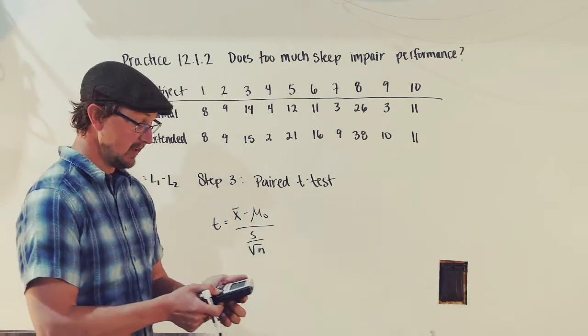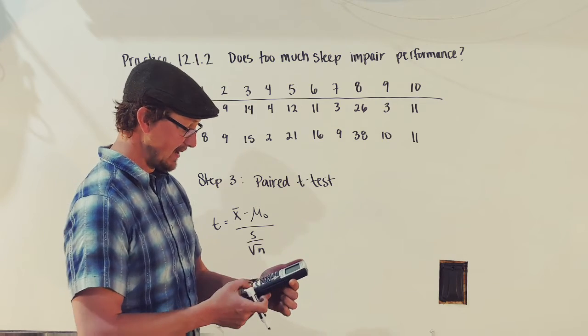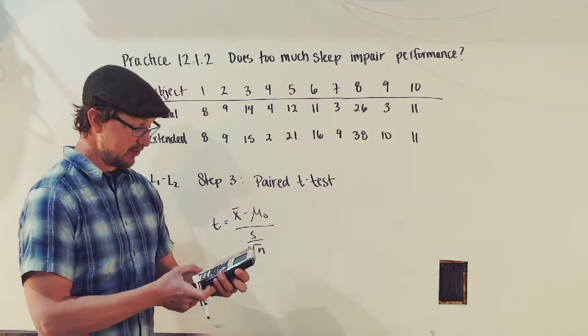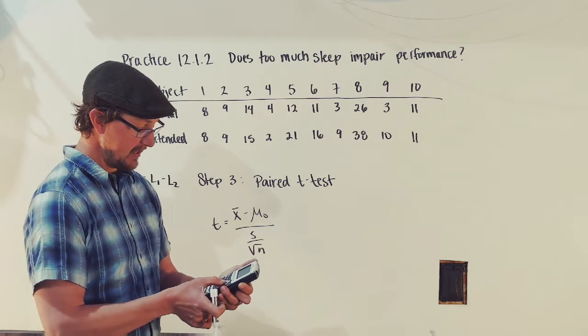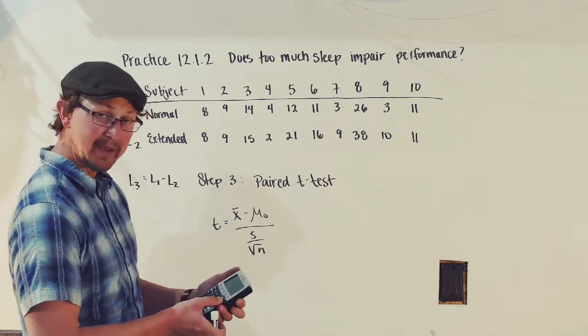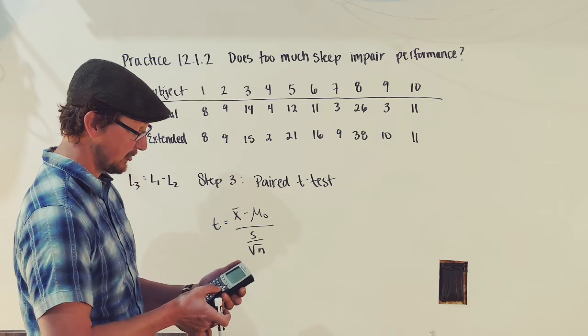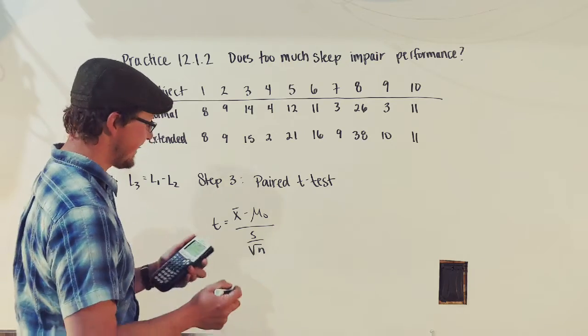So stat, over to test, down to a t-test, and I'm going to use data. The mean we're expecting is 0. The list I'm using is L3, and again I want to pick the less than, so it matches my alternative hypothesis. I'm going to calculate, and this is what I get.